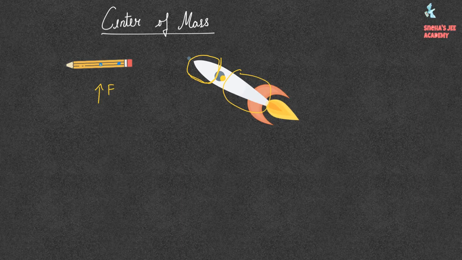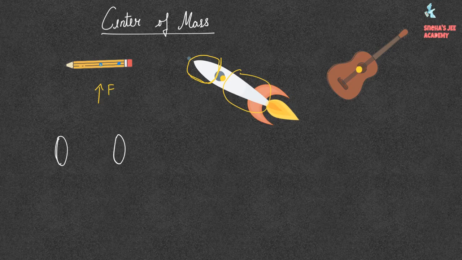So let's consider a guitar. Now the center of mass for a guitar will be somewhere here. So now let's see another illustration. Suppose we have two discs and a rod in between them.